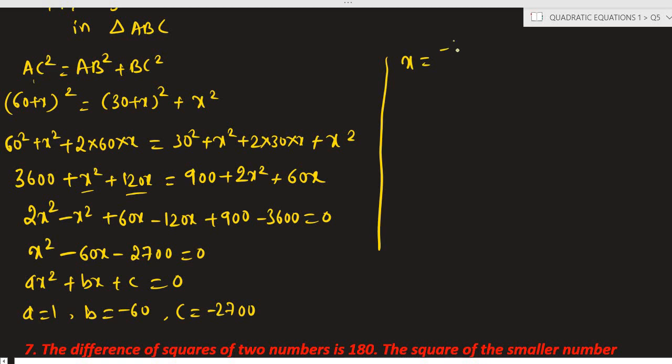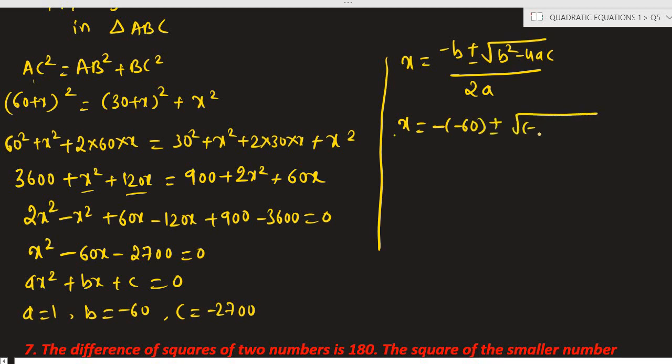Now use the quadratic equation formula. x is equal to minus b plus or minus root b square minus 4ac divided by 2a. See, x is equal to minus of minus 60 plus or minus root minus 60 bracket square minus 4 into 1 into minus 2700 whole divided by 2 into 1.